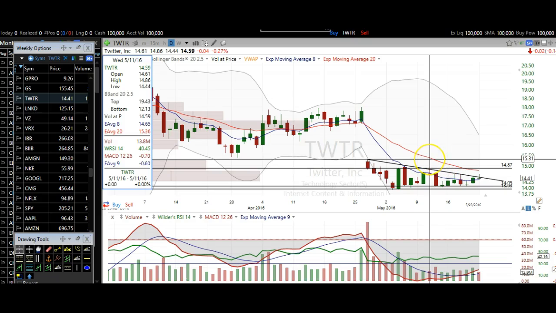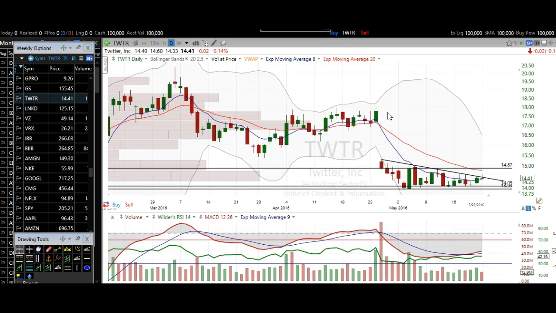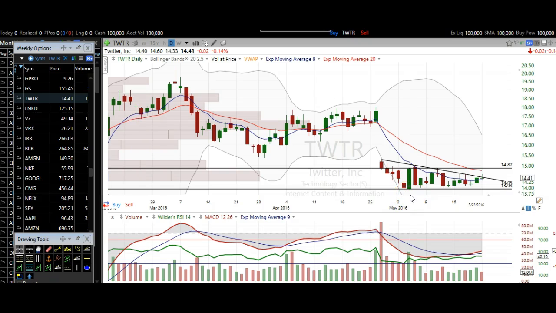Next resistance above that is about 15.30. If we break above 15.30, we're going to come up here and potentially fill that gap up there at about 17.71. Okay. Conversely, on the short side, if we get a close below these lows, below 13.90, then we're going to head much lower on Twitter.